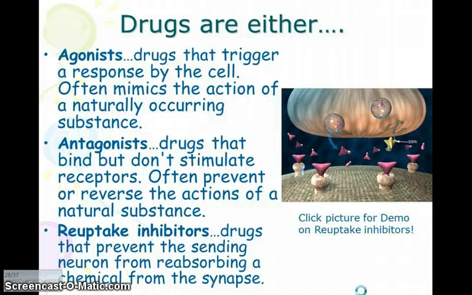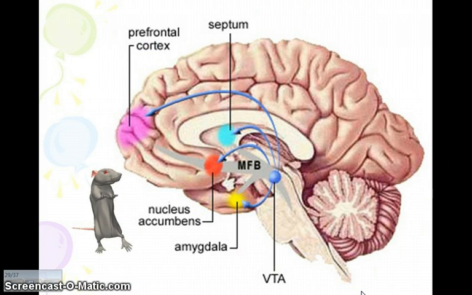So, in essence, it prevents or slows down the firing of neurons in the brain. And then there is a set of drugs called reuptake inhibitors. These are drugs that prevent that neurotransmitter from being absorbed back into the sending neuron. So all three of these can create issues.